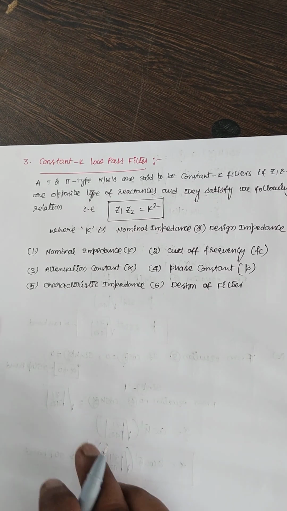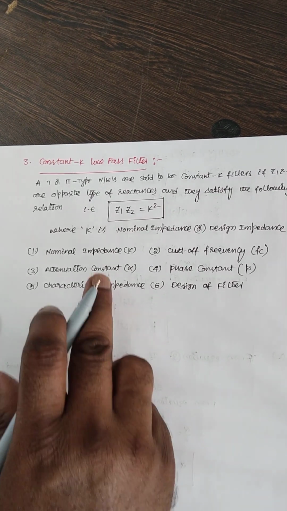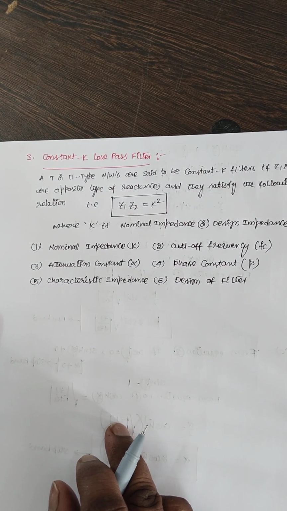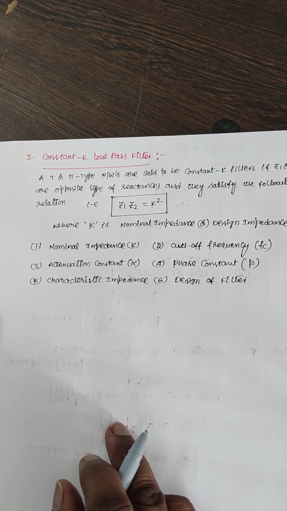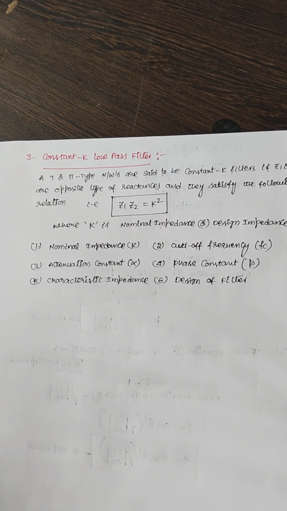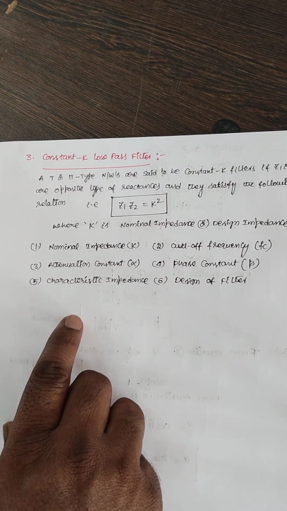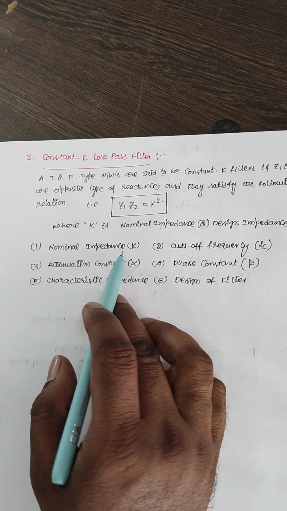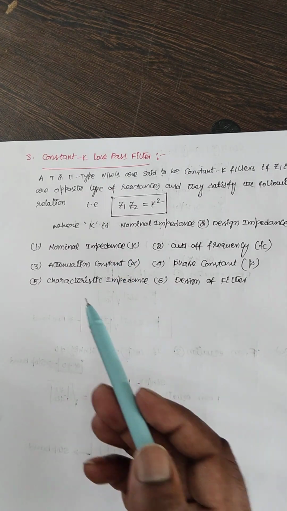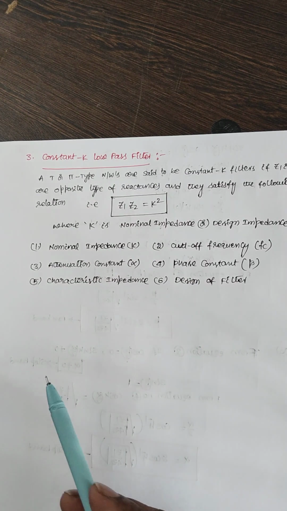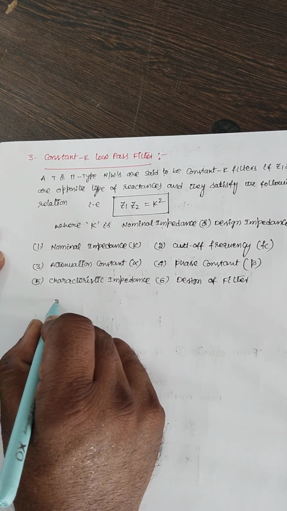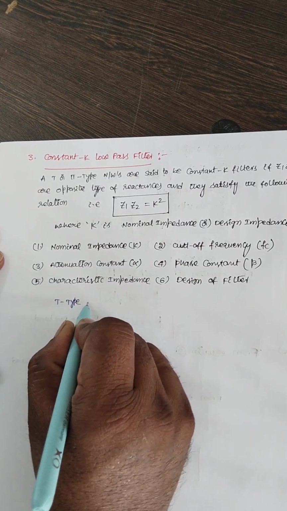Okay. So first, before going to explain or calculate this nominal impedance, first let me draw the T and pi type of networks. The reason behind drawing the T and pi type of networks here is to calculate the nominal impedance, cutoff frequencies, attenuation constant, all these things. So first, T type network.